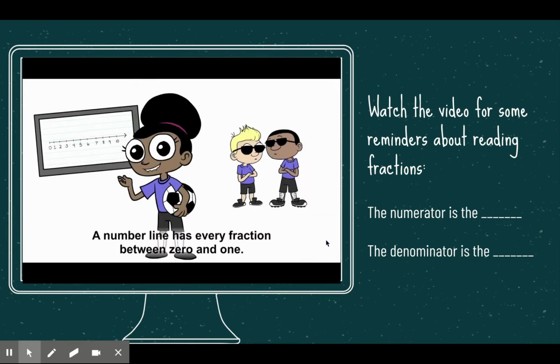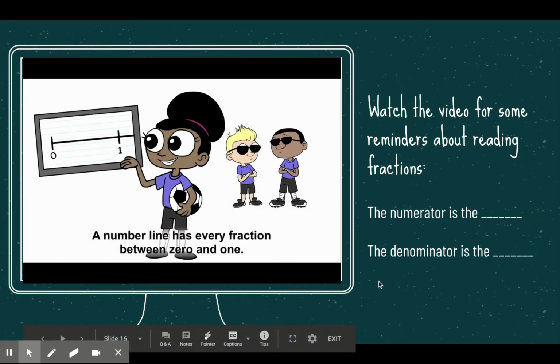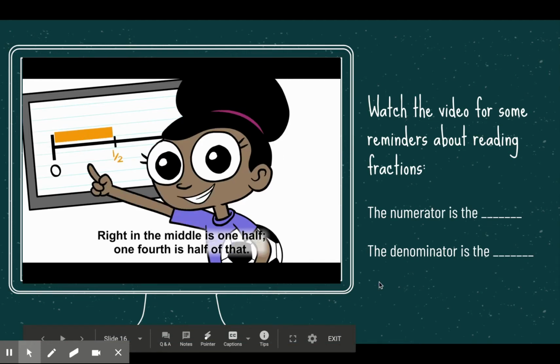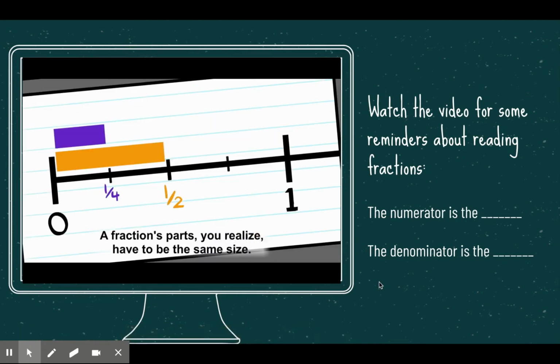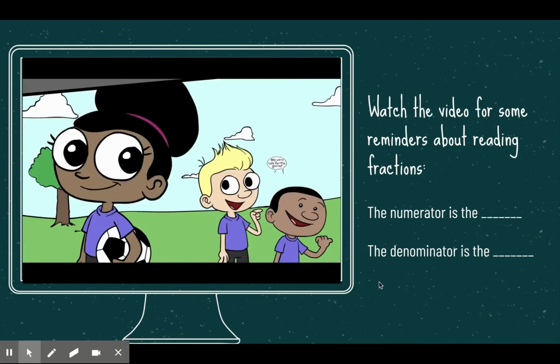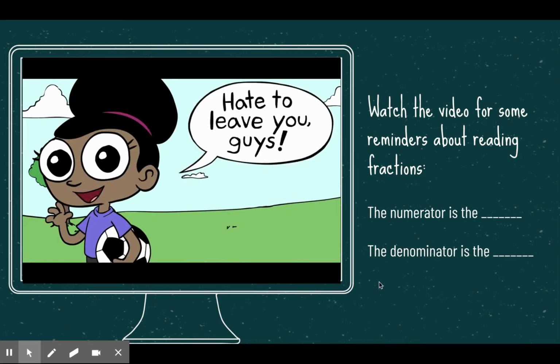A number line is every fraction between 0 and 1. A fraction's parts, you realize, have to be the same size.